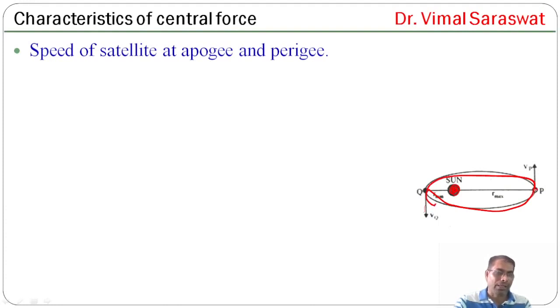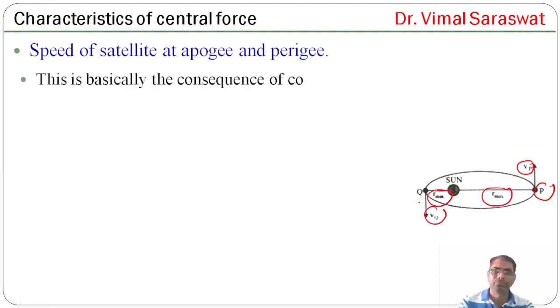So at some time it is at point P and at another time it is at point Q. P is the point which is at the farthest position from the Sun and Q is the point which is nearest to the Sun. Velocity of the planet when it is at point P is Vp and when it is at Q, Vq. So this is our maximum and this is our minimum.